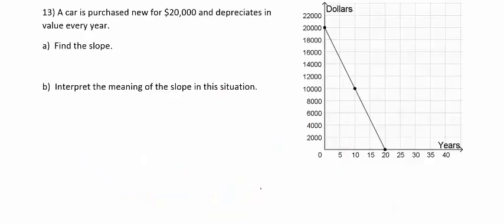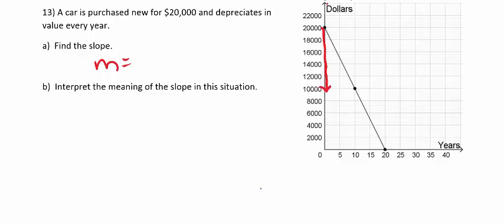A car is purchased new for $20,000 and depreciates in value every year. Depreciates means it loses value. And we can see from our graph here that this line is going to have negative slope because it comes down left to right. So to find the slope, we'll start with this point that's furthest to the left, which is 0, 20,000. And we had to come down 10,000.